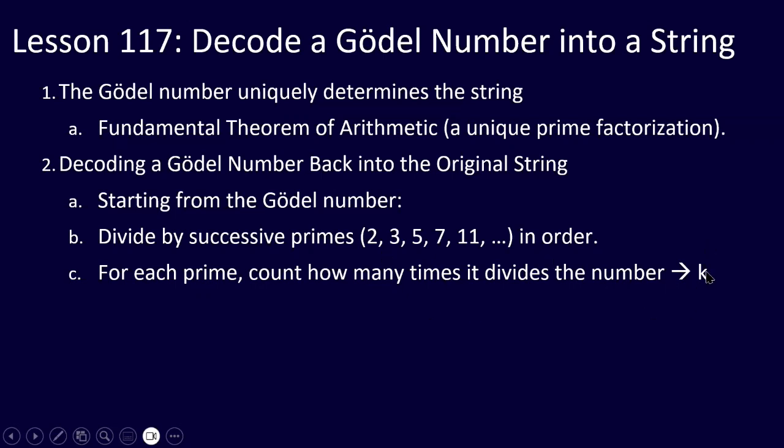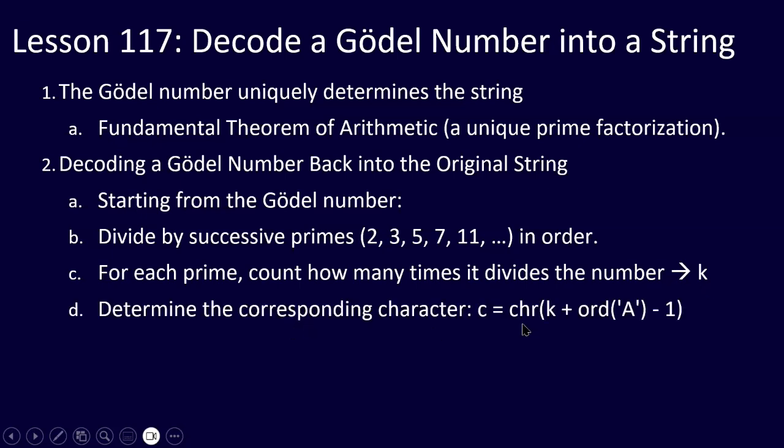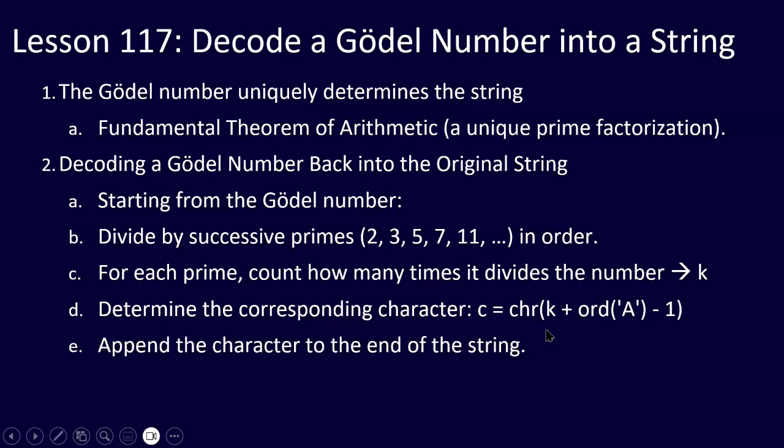Each time, the number of times we can divide determines the k. And then we can decide which character comes next by adding k to the ASCII code of a minus 1 and changing that to the character corresponding to that ASCII code, and append that character to the end of a string, continuing until the number becomes 1.